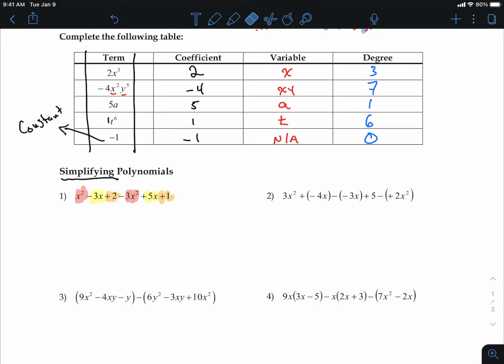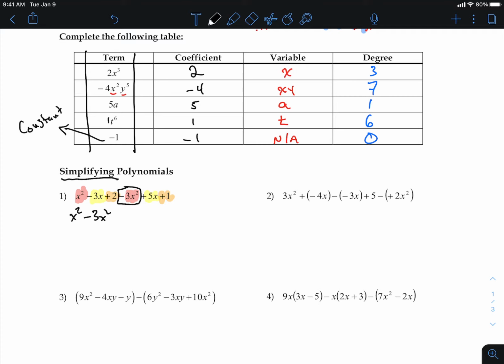Okay, I always just rewrite this thing, but I group everything together that are like, and then I do the math, right? So for instance, I'm gonna go x squared minus 3x squared. Okay, I'm taking the whole piece that's there, and I'm just shuffling it over.